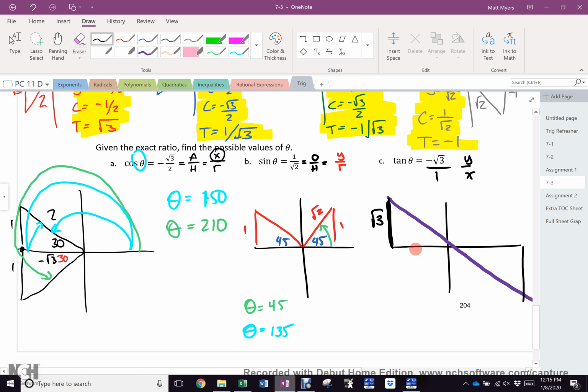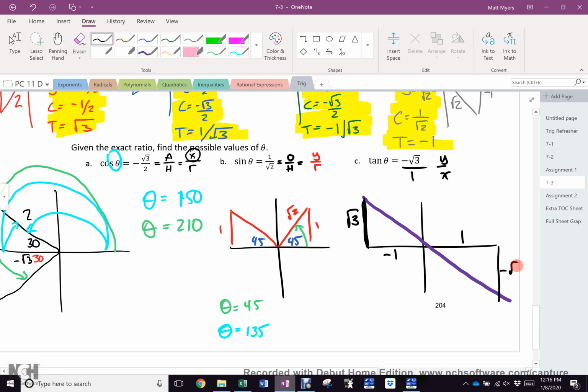So what does that make that? Negative 1. What does that make this? 1 and this? Negative root 3. Which triangle am I using? 30, 60, 90. What's across from the root 3? Is that the 60 or the 30? So what's this right here? What's this right here? What then is first theta?